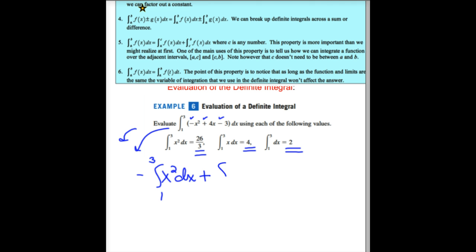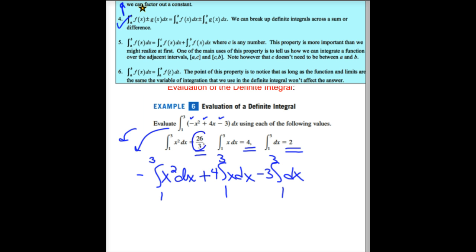Then the integral from 1 to 3 of 4x dx. Again, constants are coming out front, and I'm breaking apart, so I'm basically using that one and the one above it. And then my last term is just a minus 3 dx, and that actually comes out front. So I pulled all my constants out front, and then I split it up.